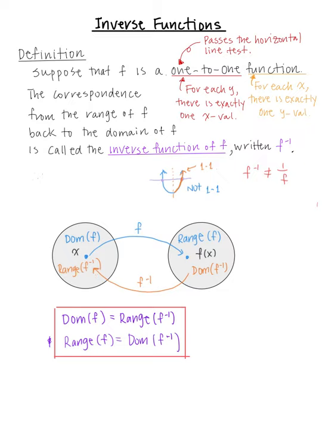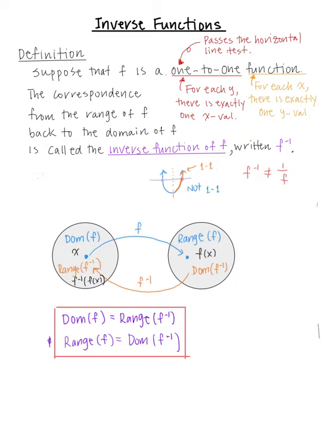Now, if I do that, do you see what's going to happen? If I take f of x, apply f inverse, and go back to the domain of f, that notation is going to be, oh my gosh, I'm running out of room. This is the same thing as f inverse of f of x. Hopefully you can see that.